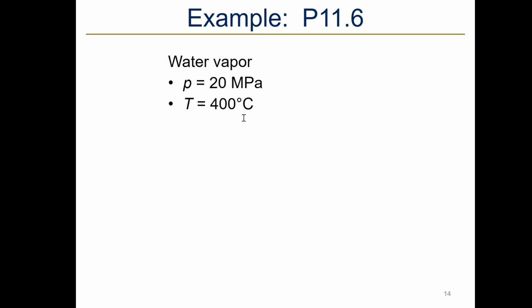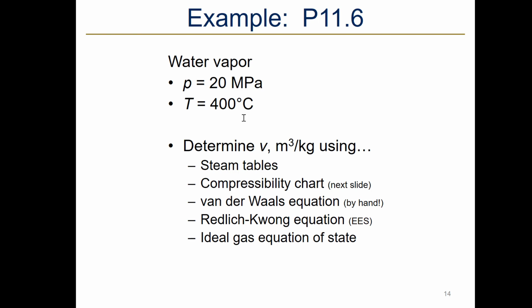The example that we'll look at in the separate presentation is water vapor, at a pressure of 220 megapascals and 400 degrees C. We want to determine the specific volume, in meters cubed per kilogram, using steam tables. We'll do it with a compressibility chart, which I'll show you on the next slide.